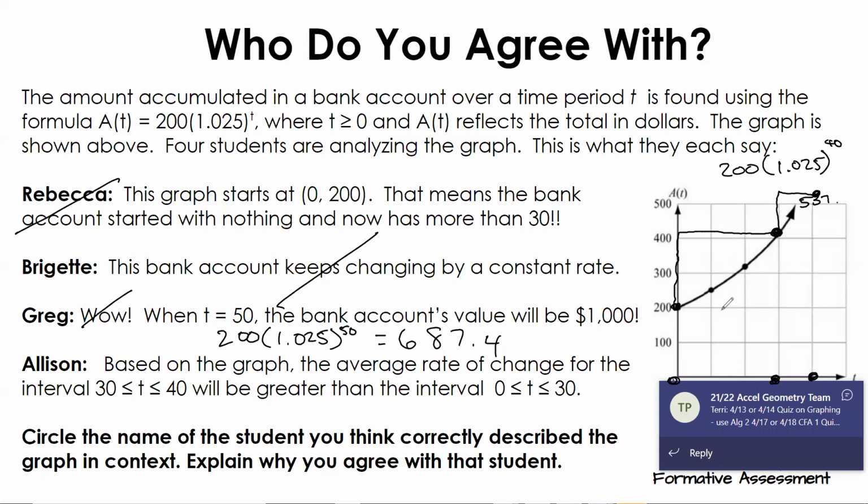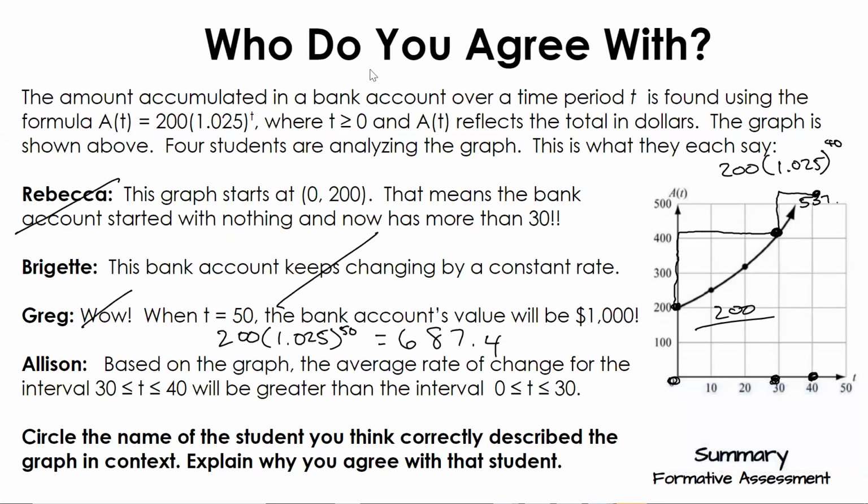But that's over a period of 30, right? With me? So 200 divided by 30, how much does that give me? Well, 20 divided by 3.